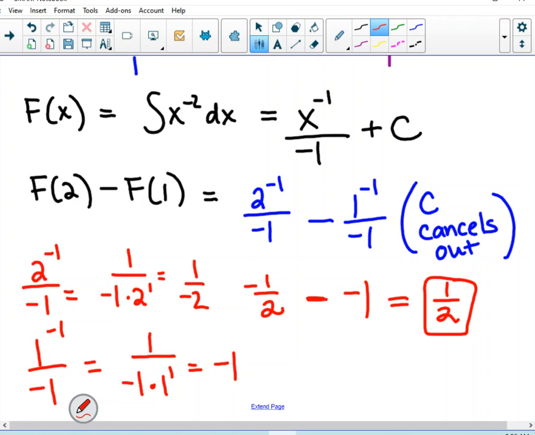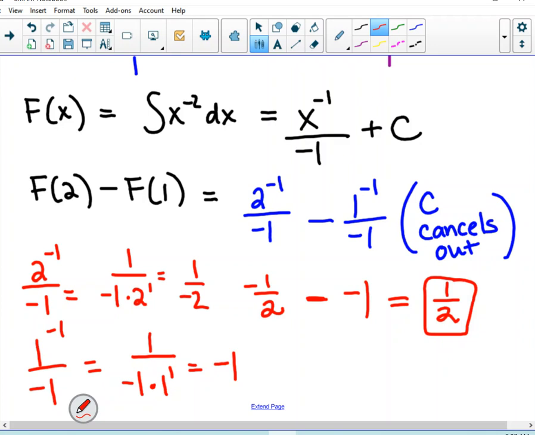We're not always going to get whole numbers. We're not always going to get positive numbers. We're actually going to do one with a negative number in a minute. Yeah, we'll do that one. Okay.